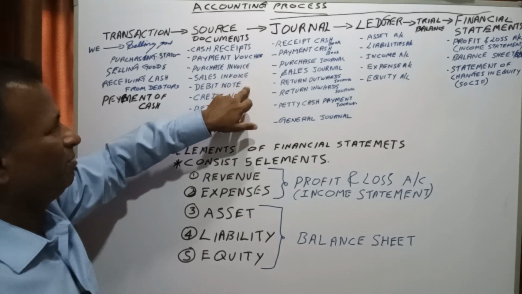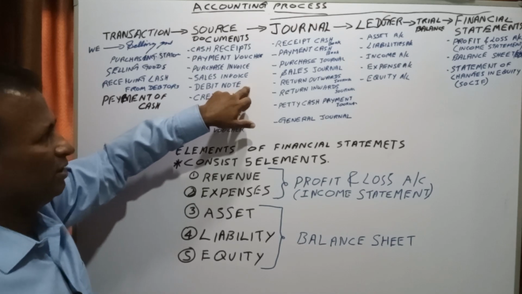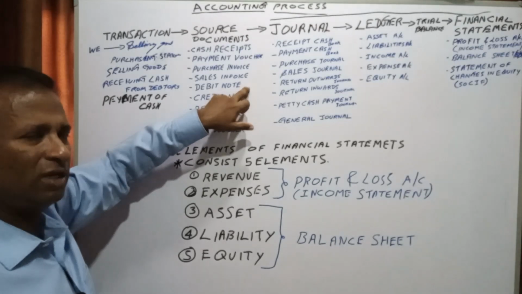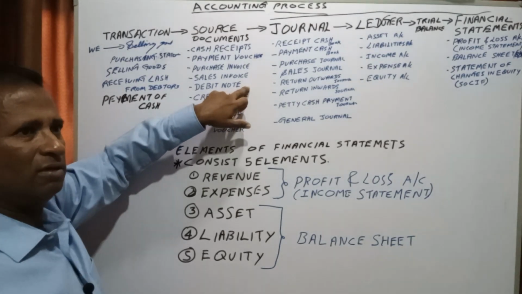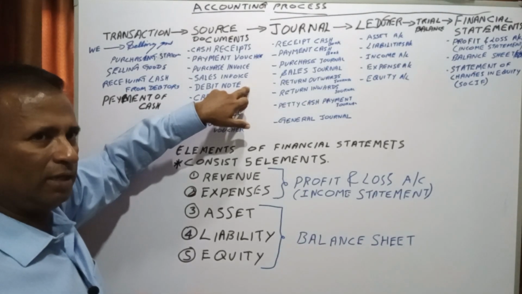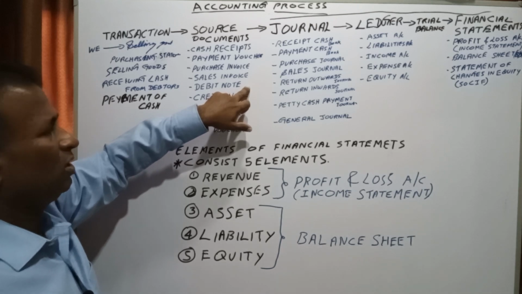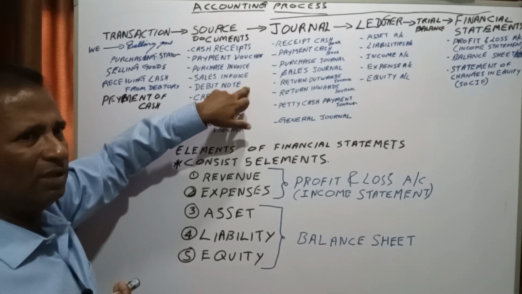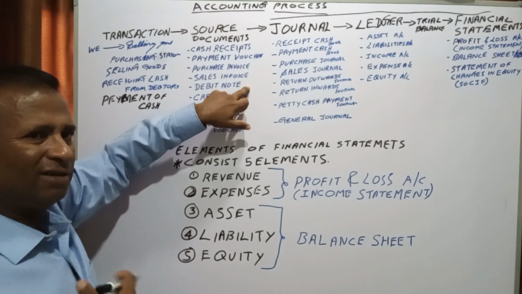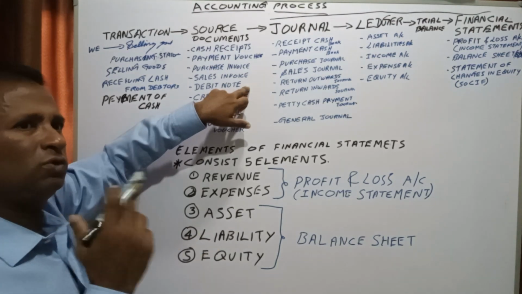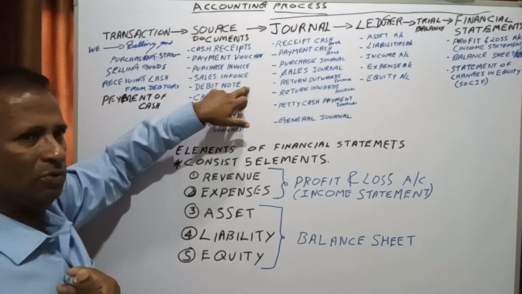Debit note. Debit note is when we are not satisfied with the purchased goods. If we are not satisfied, we will return the purchased goods to the person who has supplied them to us.